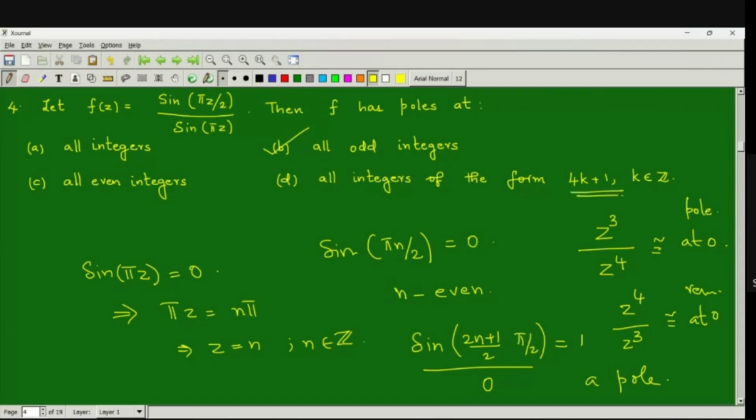Of course, 4k plus 1 is an odd integer, so it will also give me a pole. But will all integers give a pole? No, we have seen for n equal to 2, this is not giving a pole. For all even integers, of course no. So have you understood how to figure out? Okay.